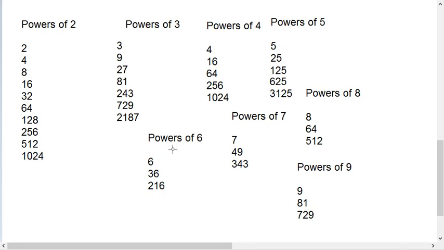Powers of 6, 6, then square 36, then cube 216. Powers of 7, what is needed? 7, then square 49 and cube 343. This much is needed generally. Sometimes you might need the fourth power in a specific problem, but that's a rare case. Powers of 8, 8, then 8 square 64, 8 cube 512. This is generally required. Then powers of 9, 9, 9 square 81, 9 cube 729. These powers generally you must remember.